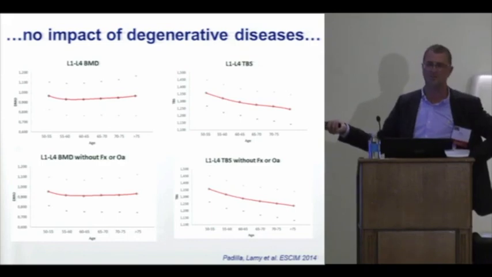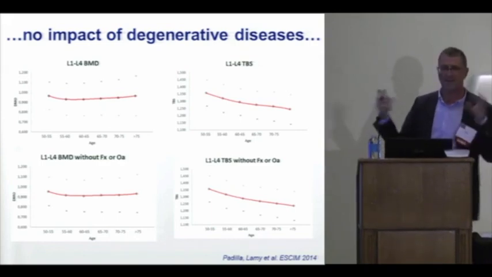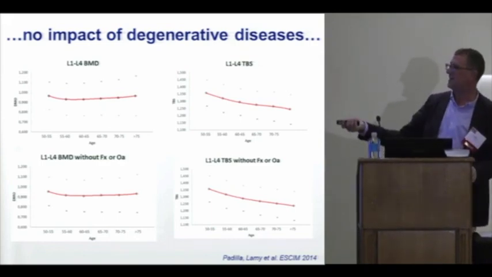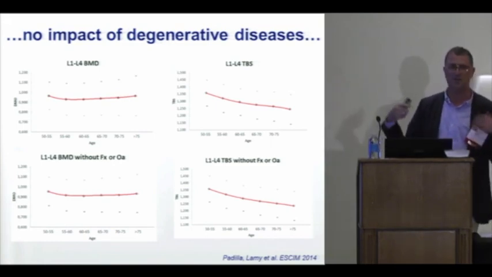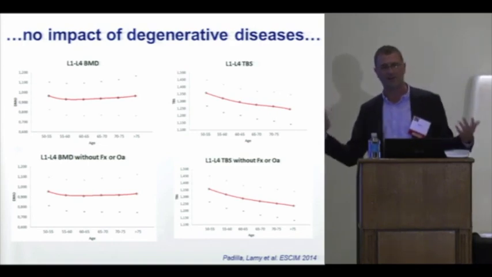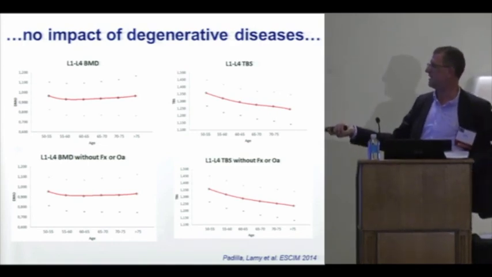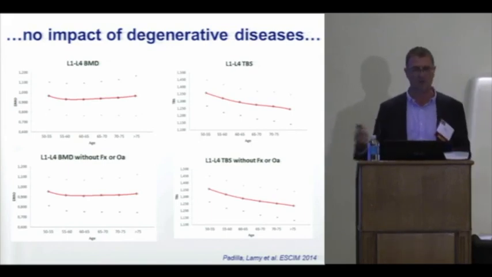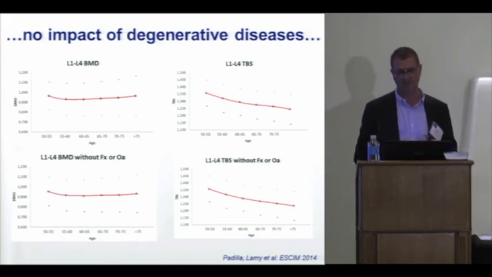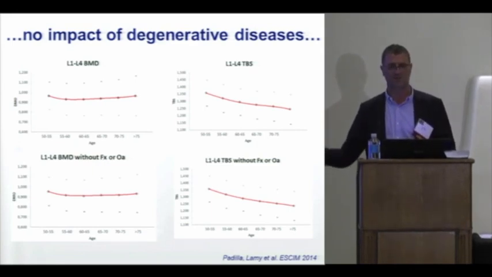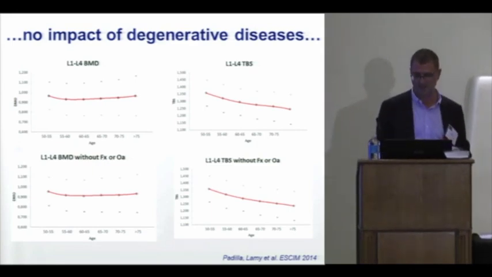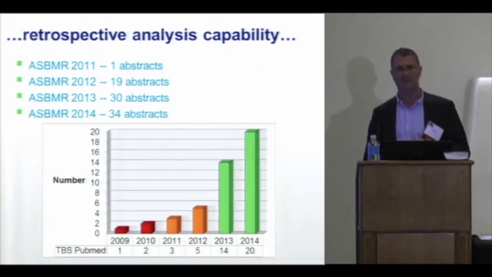And when you exclude the vertebral fracture and osteoarthritis, osteophyte and everything, then you delay the increase, it's getting flat, but still you have remnant osteophyte behind that you cannot exclude completely, and then you don't see that again on a TBS. That was also published on X-rays by Christian Roux and his colleagues, so there is no impact of osteophyte and osteoarthritis on a TBS value, which is quite interesting.